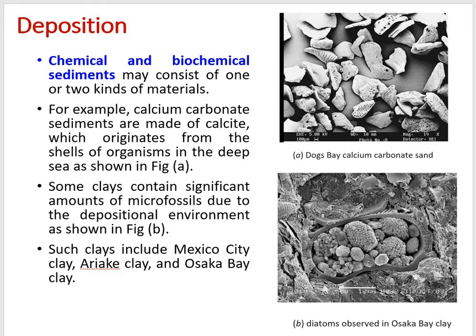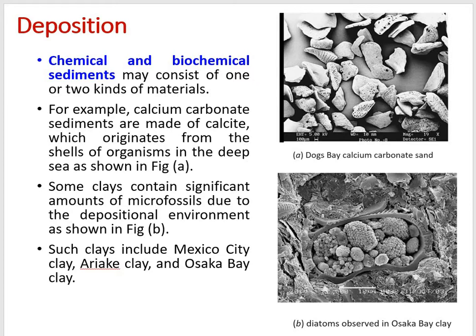Now moving on to biochemical sediments, or biochemical deposits. They consist of two kinds of materials. Here you can see two figures. The first one is Dog's Bay calcium carbonate sand, and the second, figure B, shows the diatoms observed in Osaka clay.